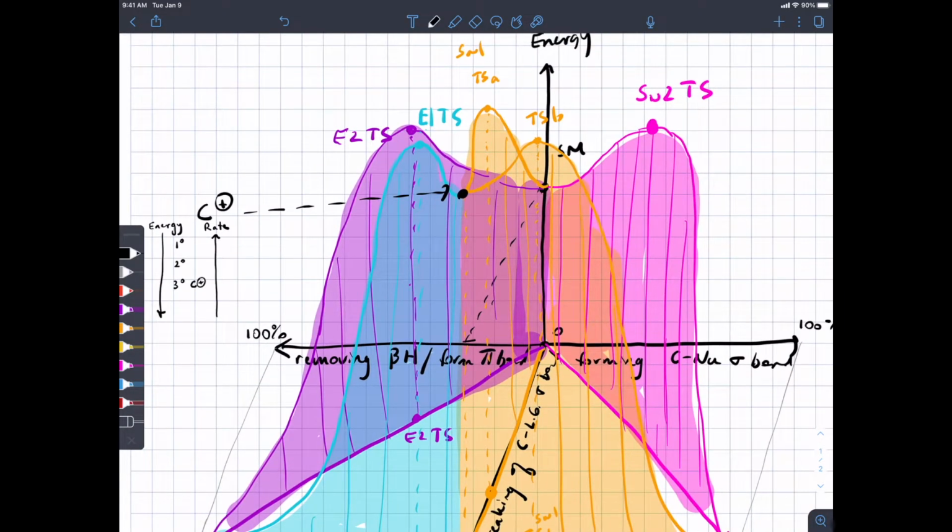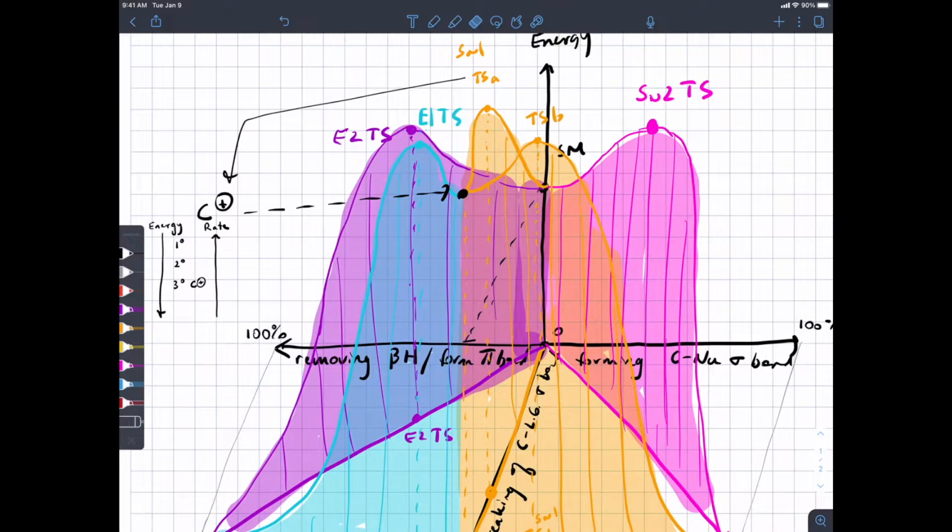Okay, so the transition state will similarly go lower in energy for more substituted carbocations, but faster in rate for more substituted carbocations.